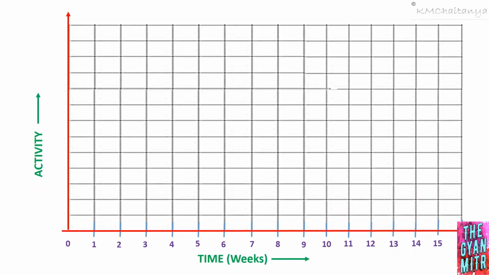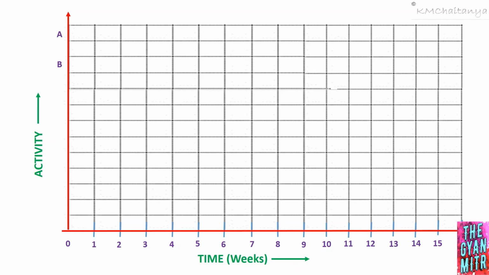So we have the timeline in weeks along the x-axis and the activities along the y-axis. Again, I'll be approaching top to bottom for the activities. I'll have my activity A and activity B from top to bottom.